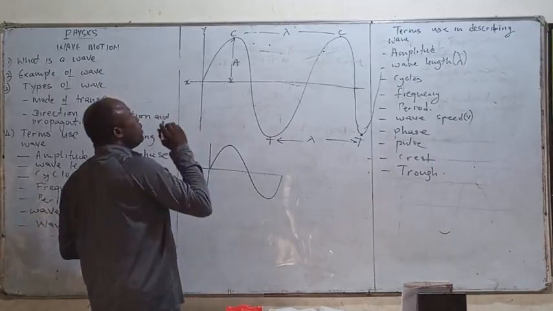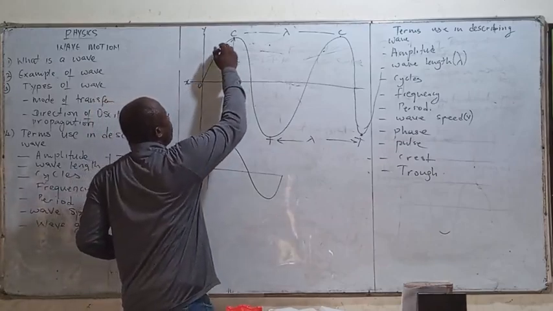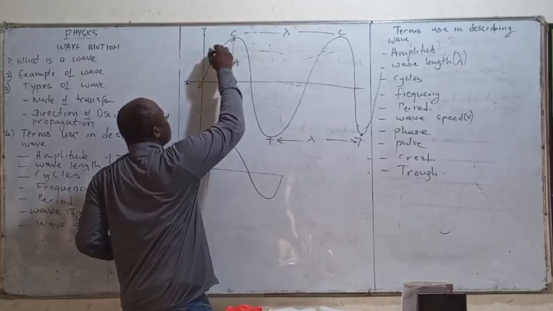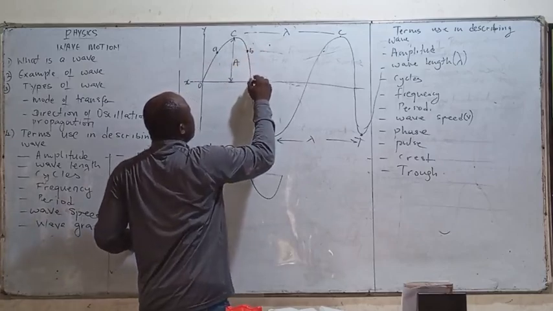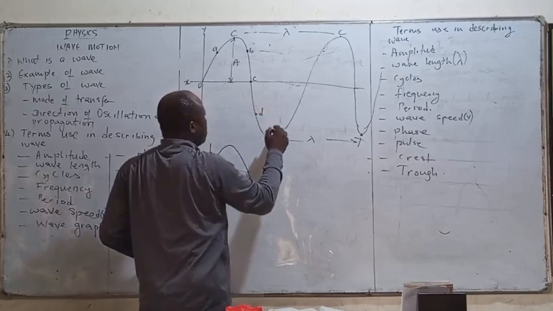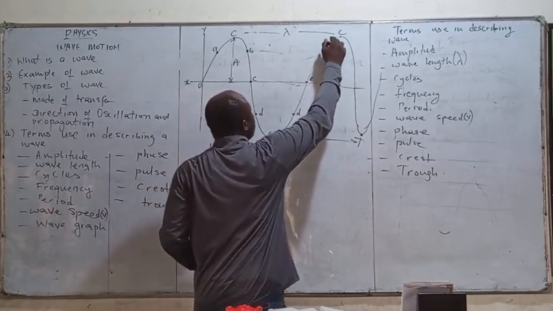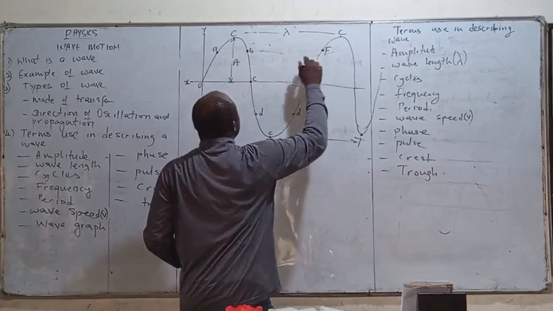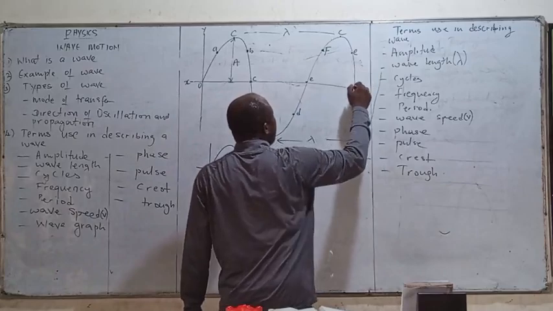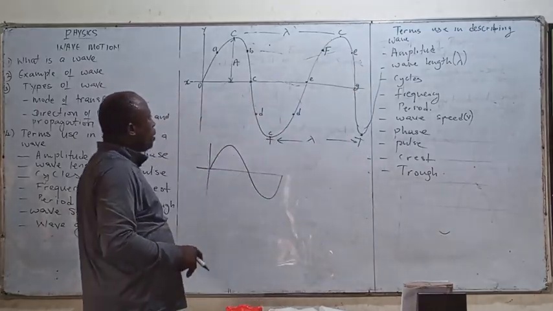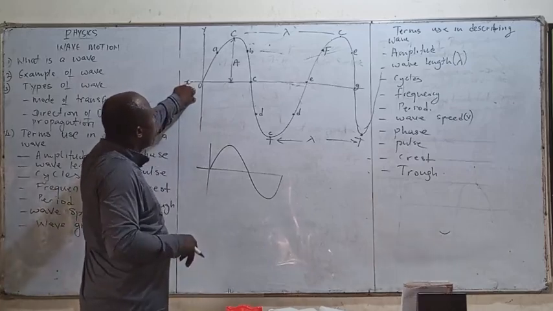For example, if we have 0 and we have A, another particle here is B, another one C, another D, then E, F, and G.